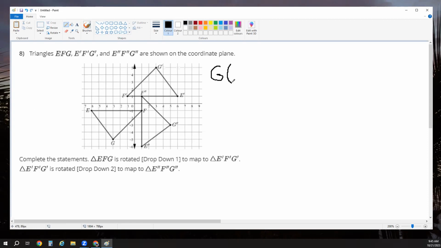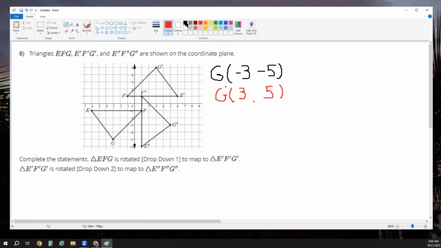All right, G is (-3, -3) and (-5, -5). G prime is 3 and 5.